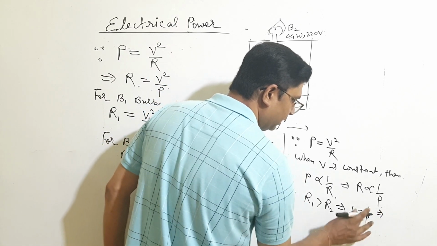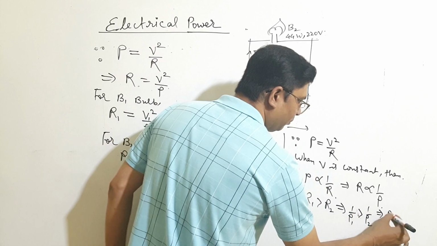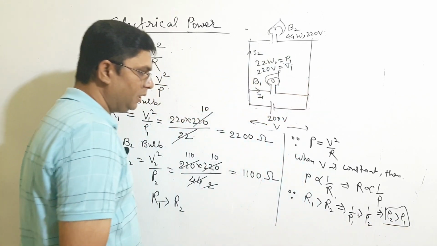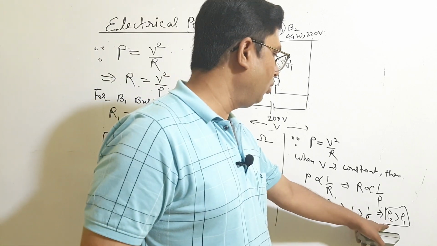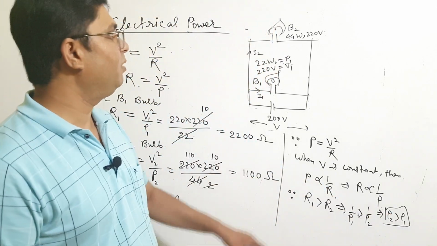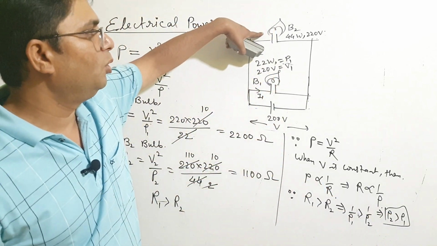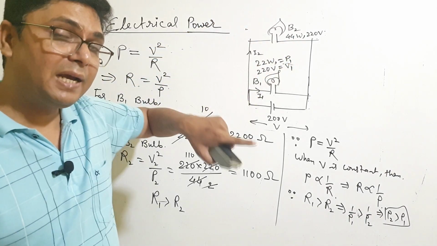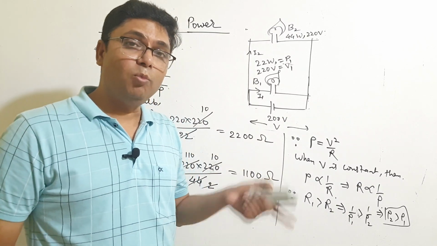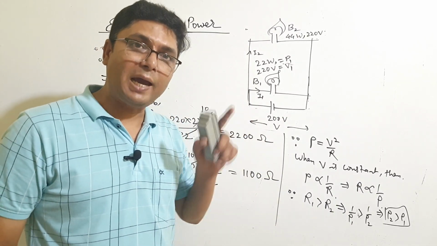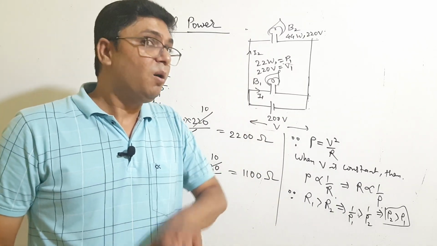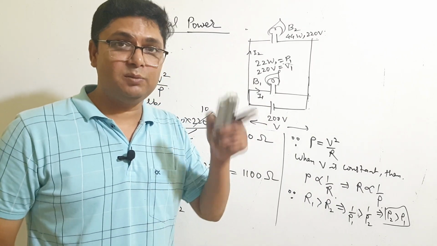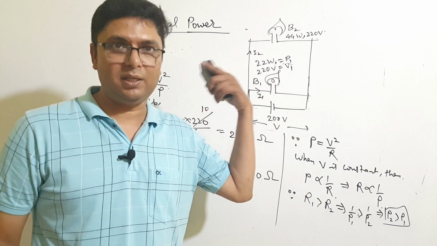From here you get P2 is greater than P1. This means bulb 2, the 44 watt bulb, will glow more than bulb 1. When bulbs are connected in parallel, the higher wattage bulb will be brighter than the lower wattage bulb. But when bulbs are connected in series, the lower wattage bulb is brighter than the higher wattage bulb.